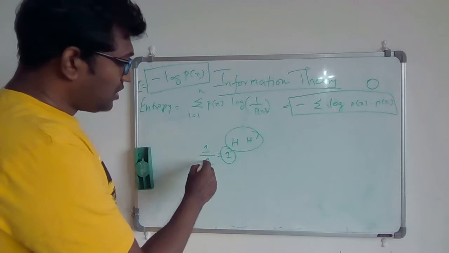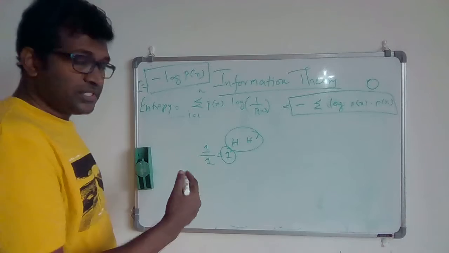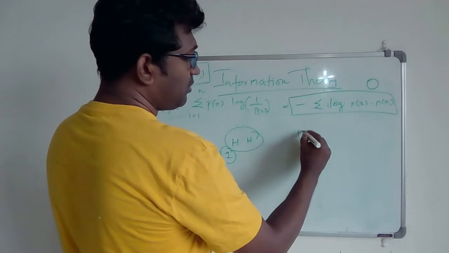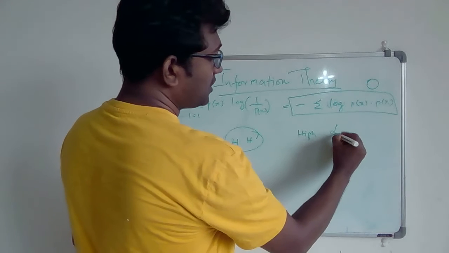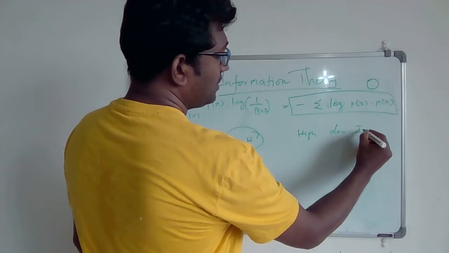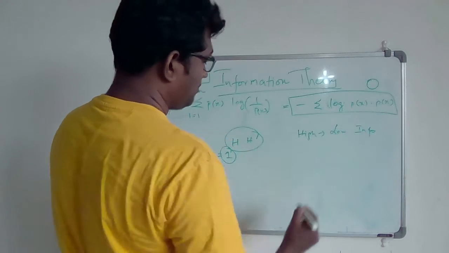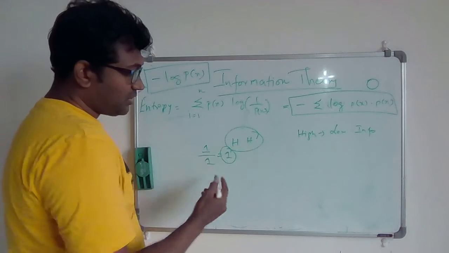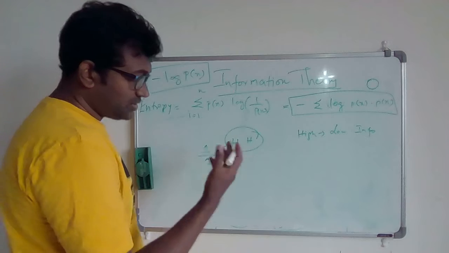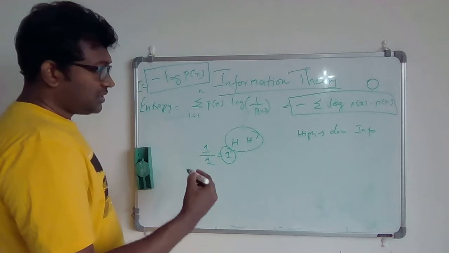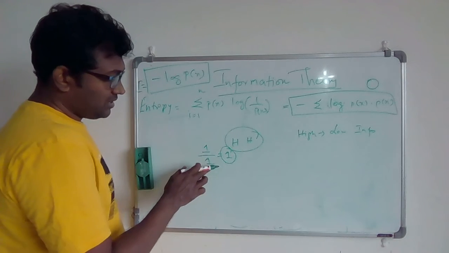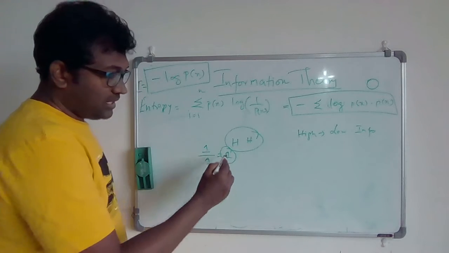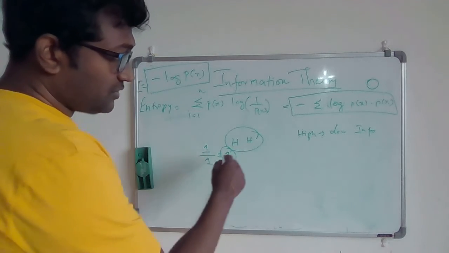If you do not use log, and if you just inverse the probabilities, anything which has high probability should give you low information, right? Here the probability of getting heads is high, because the coin is biased and always throws heads. If I just inverse the probability, 1 by the probability, I get 1 as the answer, and this gives me high information, which is not the case.